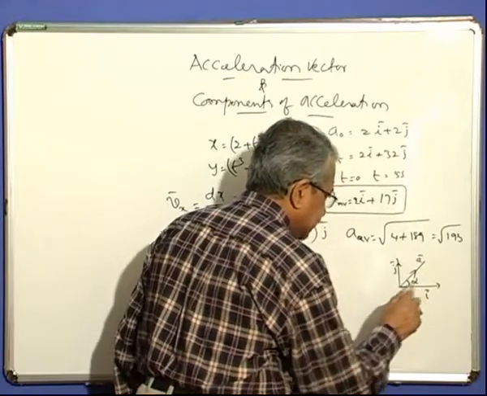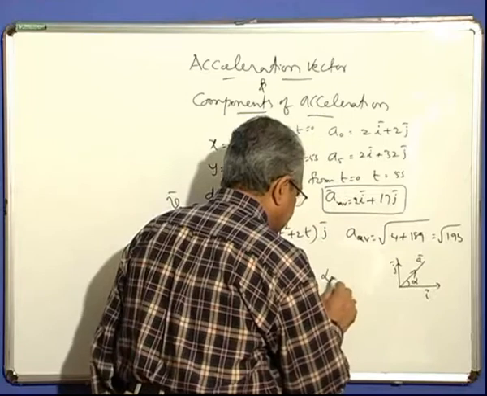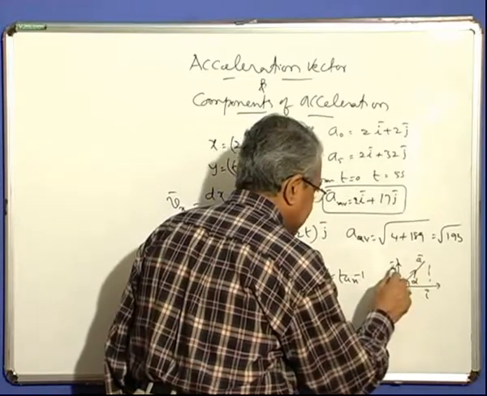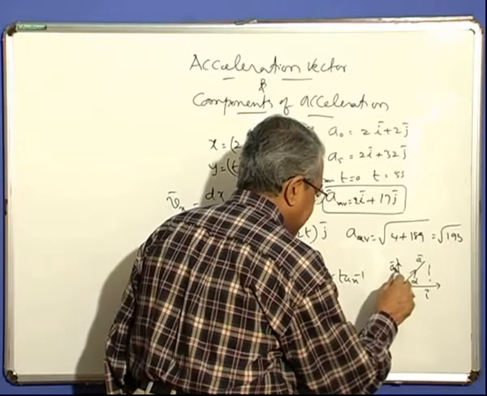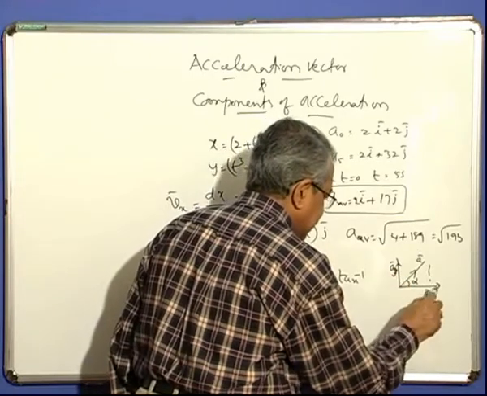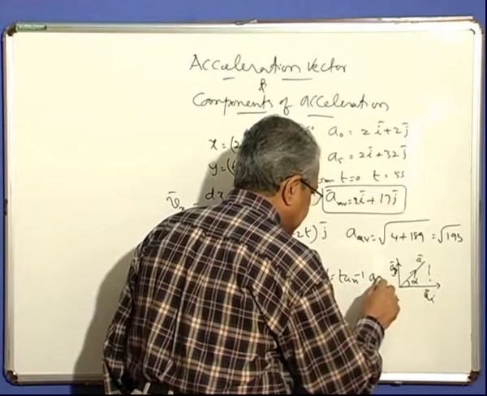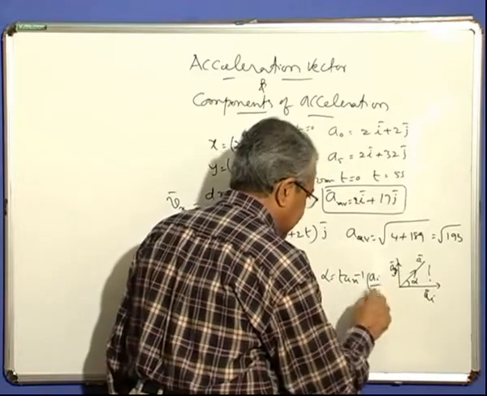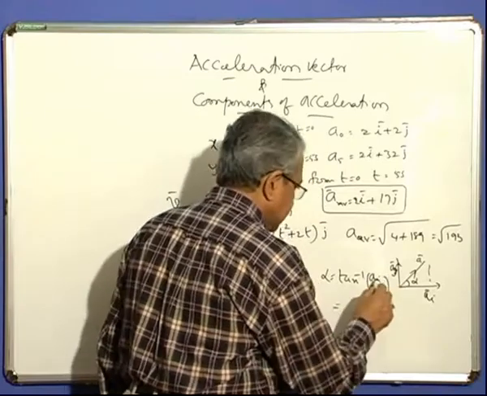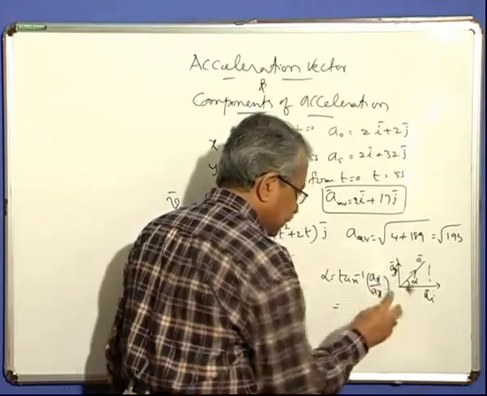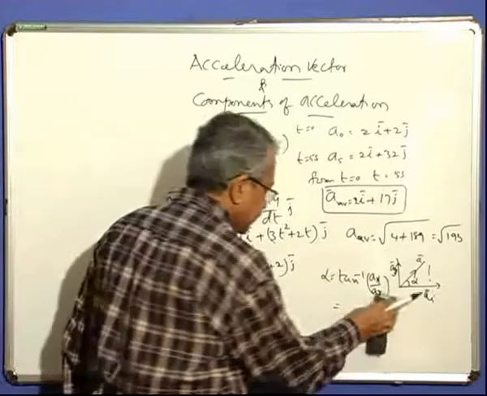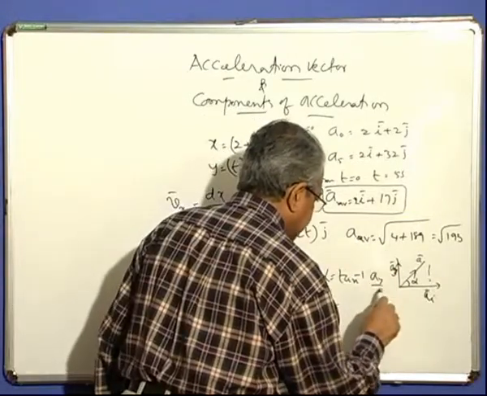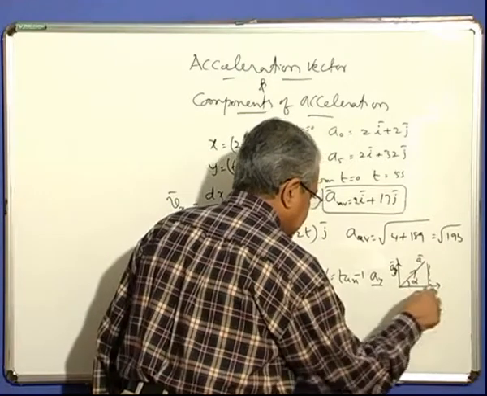Then this angle is given as alpha. Alpha is given by tan inverse of the y component by the x component, that is ay by ax.